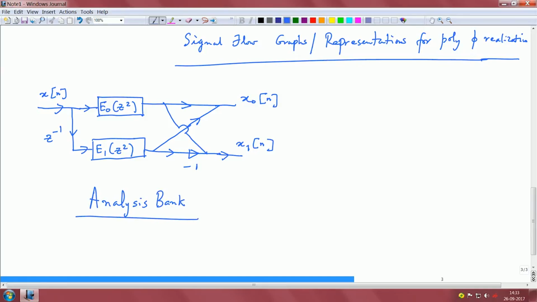Similarly, we have the synthesis bank. We have y0 n coming in. This is filtered through the filter E1 of z square.